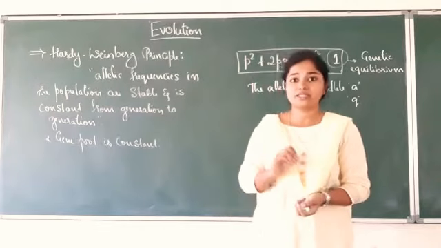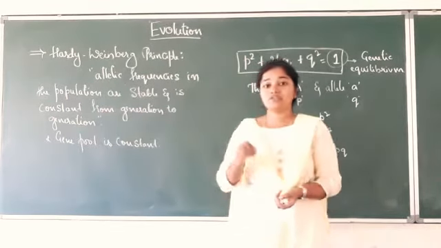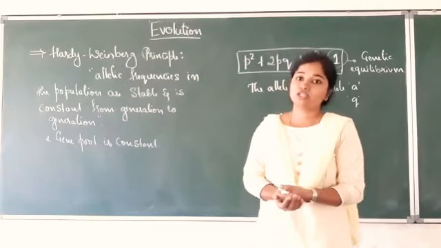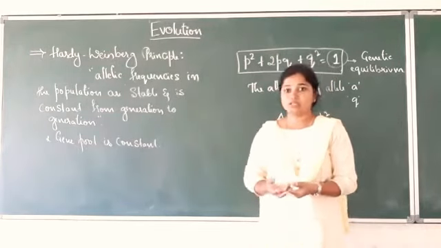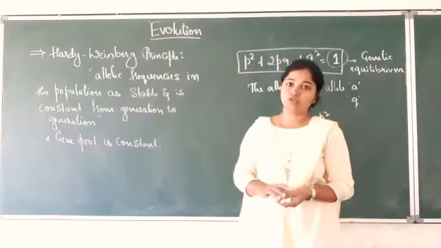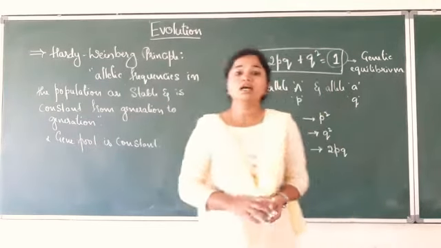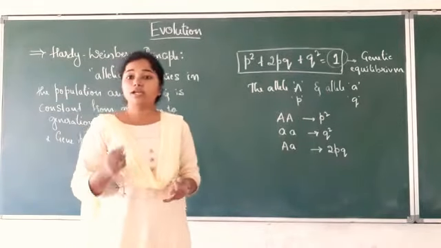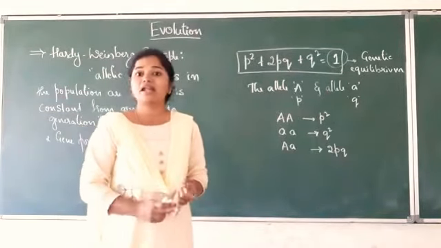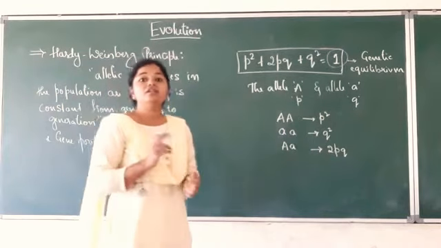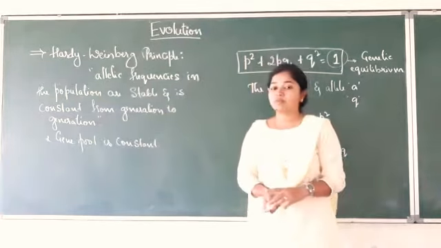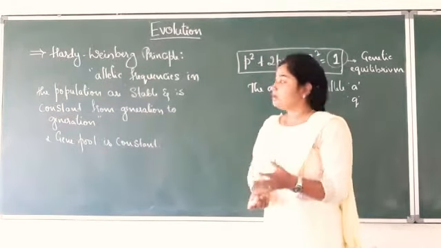And all the organisms should survive and have equal reproductive opportunities or equal reproductive ability. Only then is this Hardy-Weinberg principle going to hold good for such a population, where the population should be large, there should be no mutation, there should be random mating, and they should have the appropriate reproductive ability.